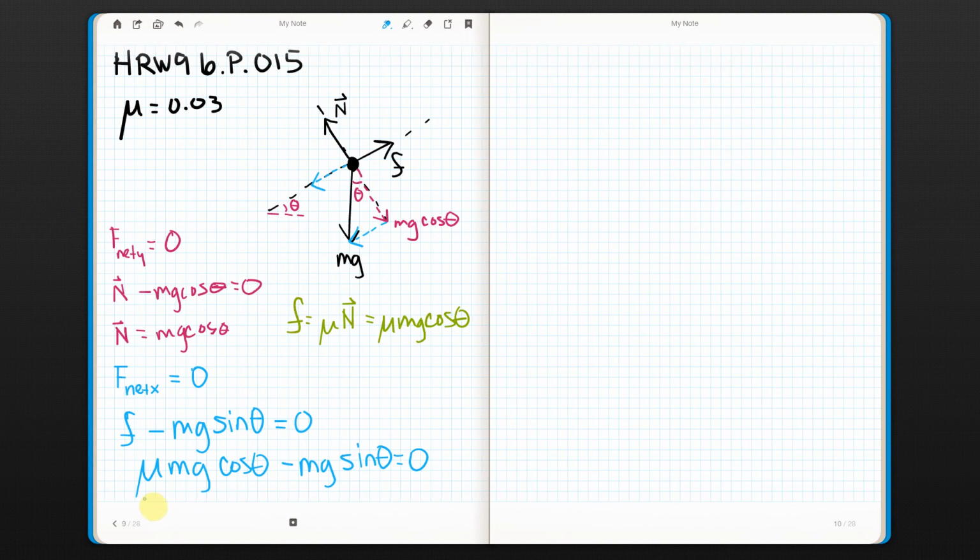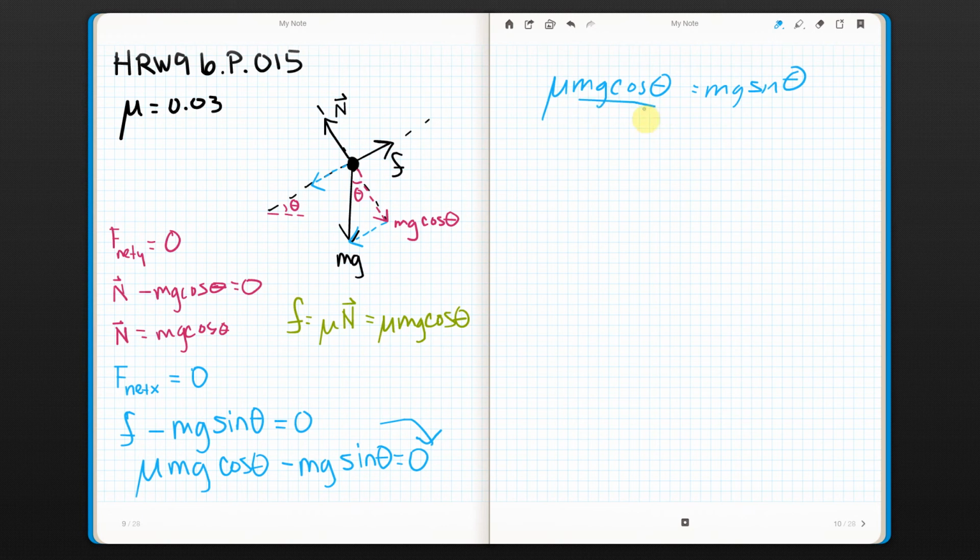I want to solve for theta, but actually I'm going to solve for mu in this case because it's going to come out a little bit nicer. So if I solve for mu, I want to move this to the other side. So I get mu mg cosine theta equals mg sine theta.